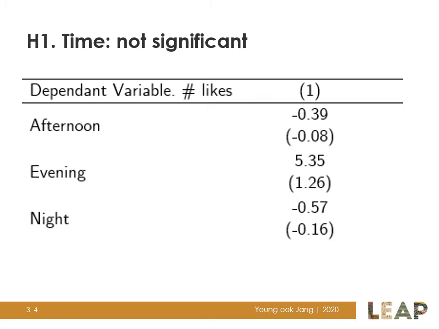That was the first hypothesis, but there's no evidence of that from our regression analysis. If your coefficient is significant at 1% level, then you should have 3 stars here. If it's significant at 5% level, you should have 2 stars. If it's 10% significant, then you should have 1 star. But there are no stars.